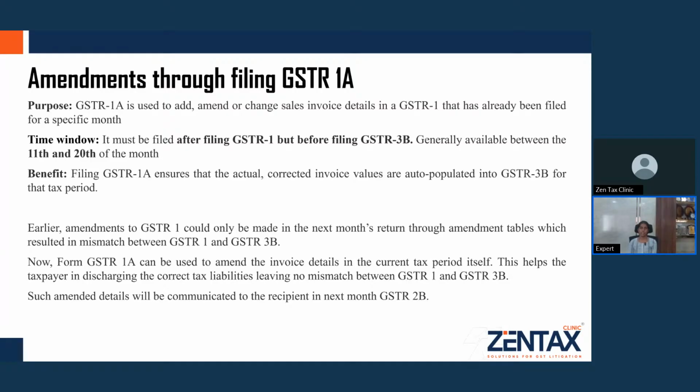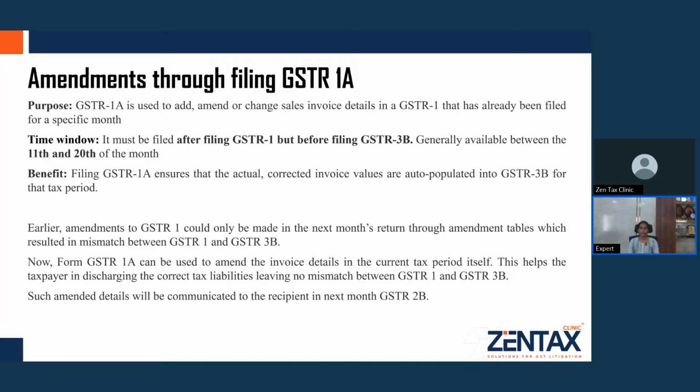In such cases, the details amended in GSTR-1A will be communicated to the recipient in the subsequent month's GSTR-2B, because as we all know, GSTR-2A is a dynamic statement that keeps updating whenever the supplier amends or updates the invoices through GSTR-1 or 1A.